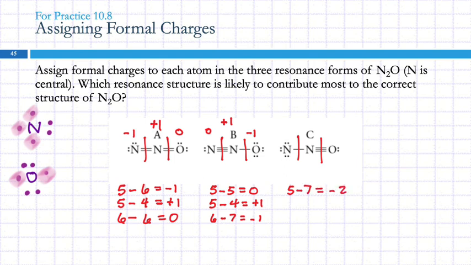So that was -2. Oh, this is not good. And the guy in the middle brought 5, leaving with 4. He's in the same situation as this guy. So +1 formal charge. And the oxygen on the end brought 6 and leaves with 5, -1.